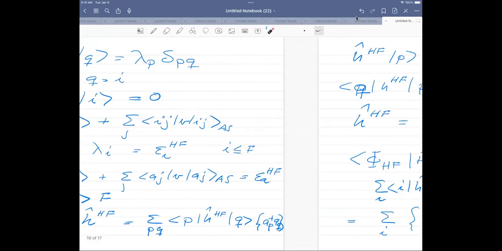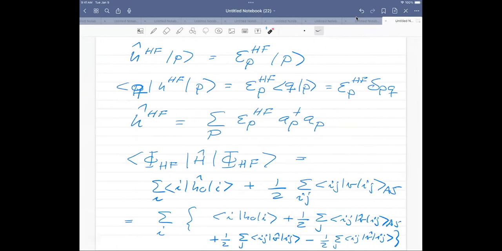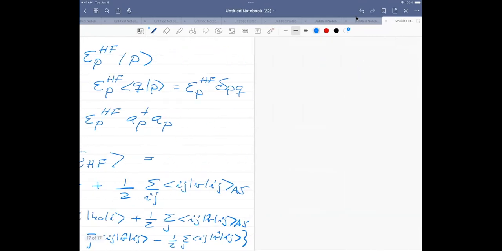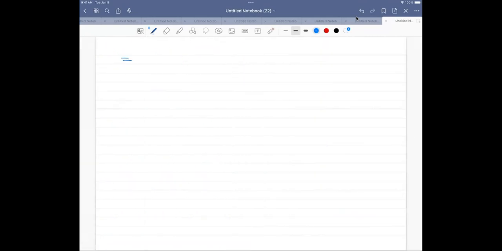And that defines my Hartree-Fock energy. So I can rewrite this now, leaving me with only this term here. So that gives me a sum over i of epsilon i Hartree-Fock, and then minus 1/2, and then the sum over ij of ⟨ij|V|ij⟩, anti-symmetrized. So this is just another way of rewriting the Hartree-Fock energy.